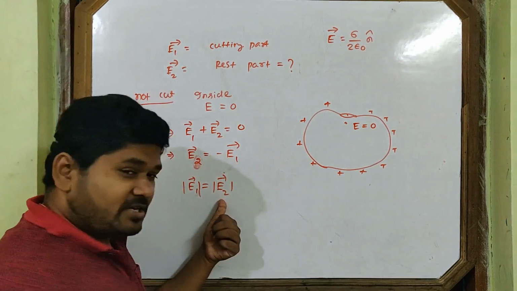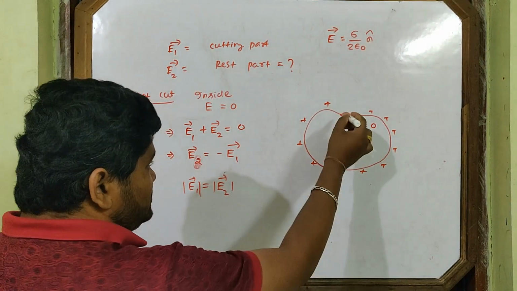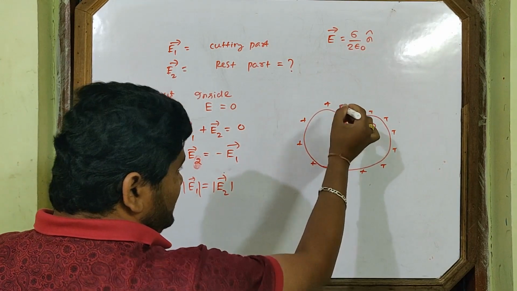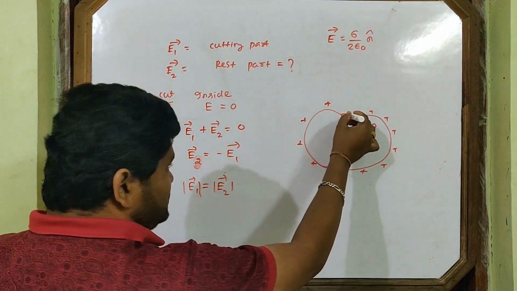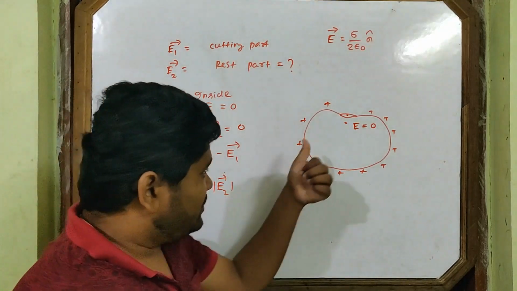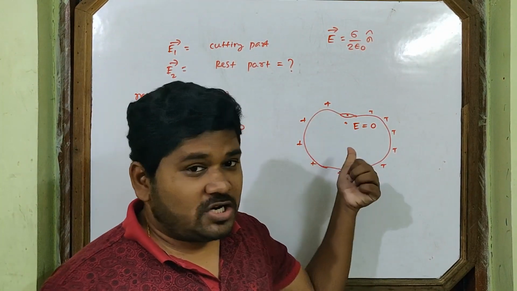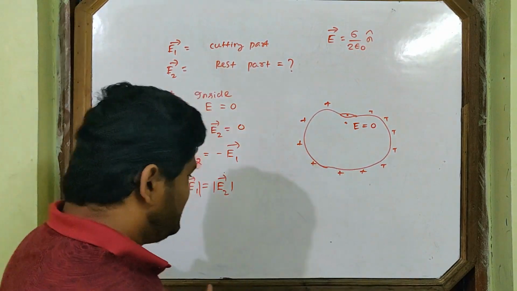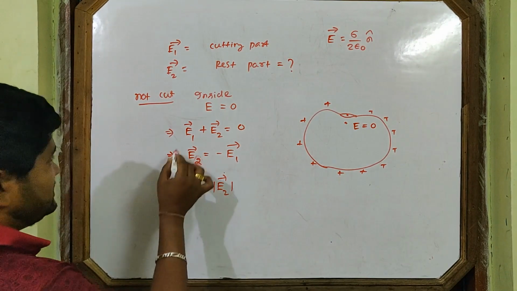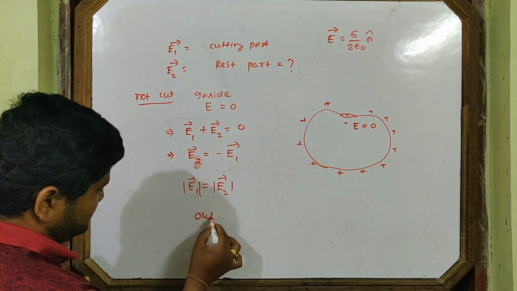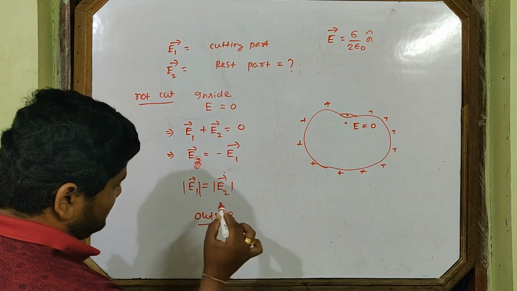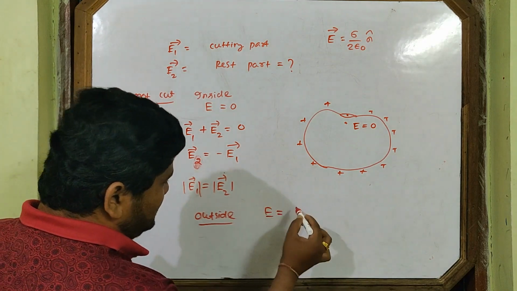Now you conclude here. Now you come just outside the point where the tiny hole is cut. When the hole is not cut, this is inside, and now you come to outside. Outside, what is the electric field?